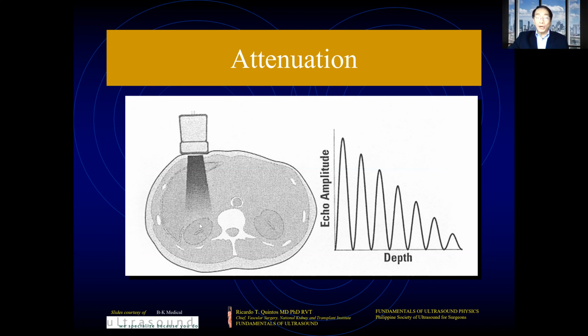So the deeper the structure is, the weaker the echo amplitude becomes. This is very important because we now need to adjust certain settings in the ultrasound machine in order to compensate for this attenuation and this decrease in echo amplitude.